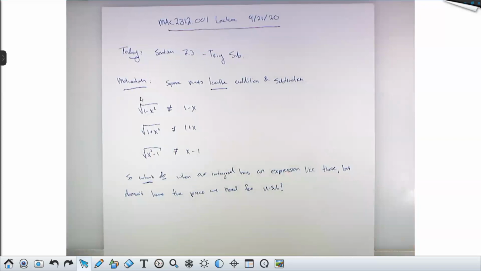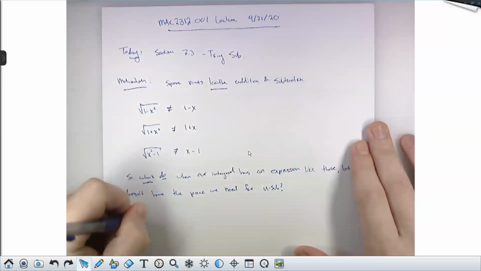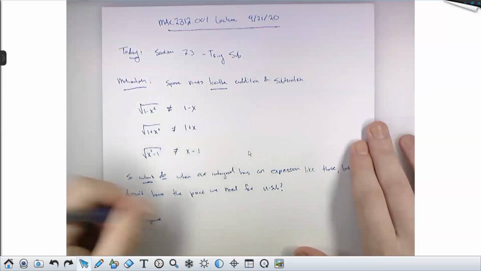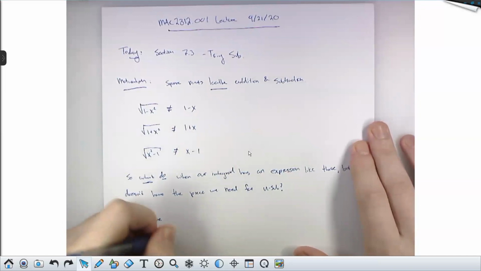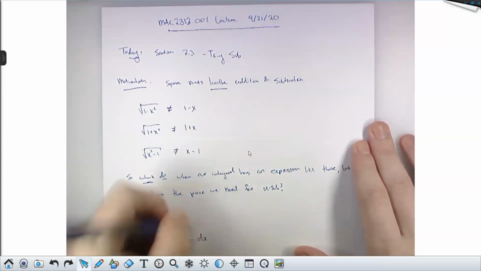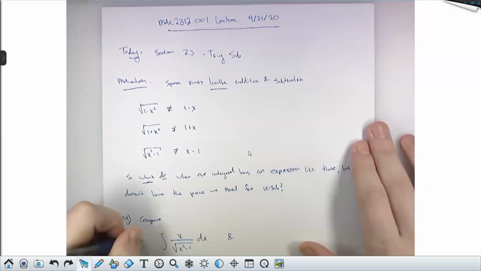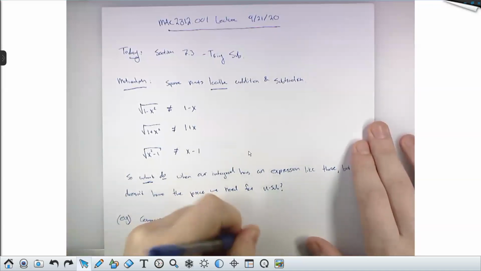If you have a square root like one of these, sometimes you can U sub your way out of it, yeah? I could ask you to compare the integrals, so I'll call this integral A, and I'll call this integral B.